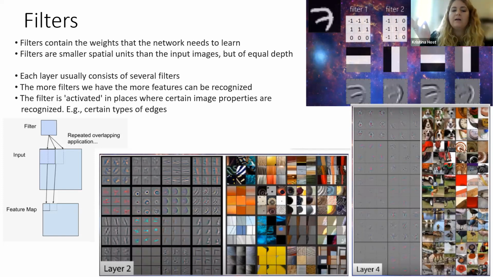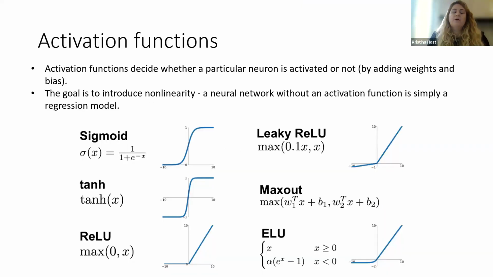These filters are activated in places where certain image properties are recognized, and it is activated with an activation function. So we need an activation function in order to activate a filter in a certain place. We have different types of activation functions that decide whether a particular neuron is activated or not.